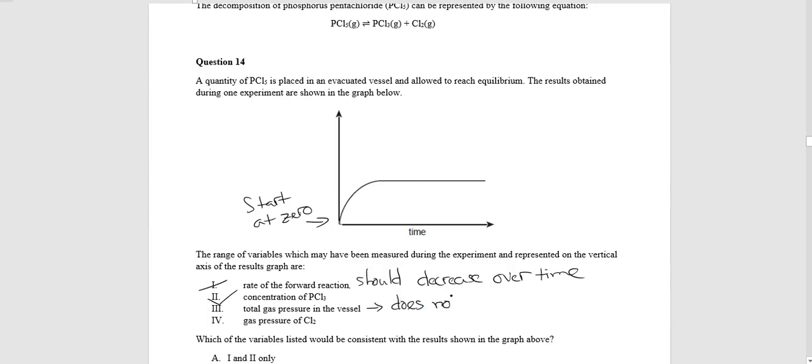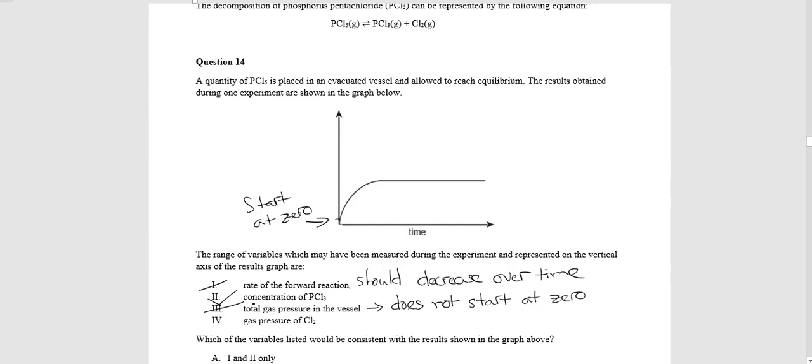And even if you assume that value is not 0, the gas pressure should probably double because you're producing twice the amount of moles or particles compared to the reactants, but that's clearly more than double, so that's not going to be 3. So this one does not start at 0. Okay, so it's not 3.